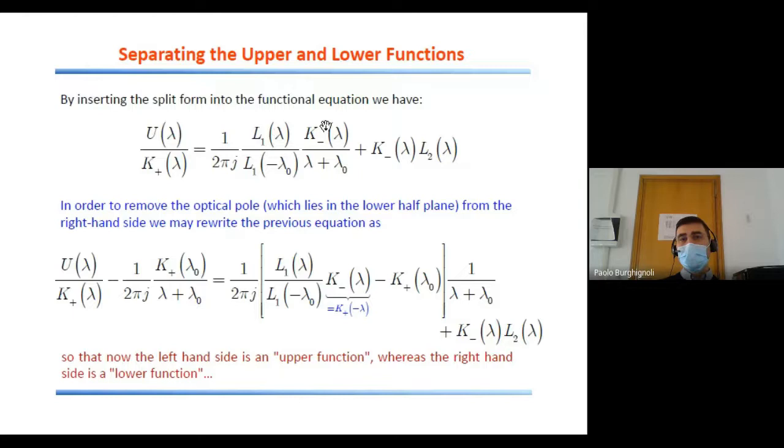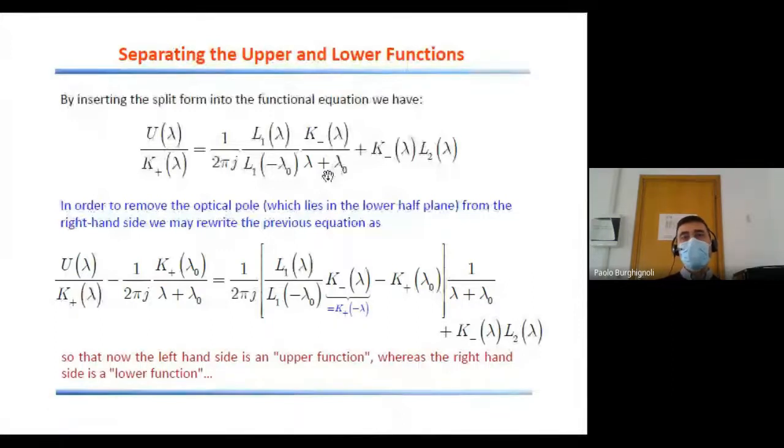and on the right, the lower one. Still one step to do, because there is the pole. Now the pole is at lambda 0, in the upper half plane.